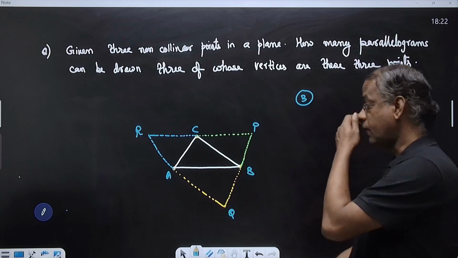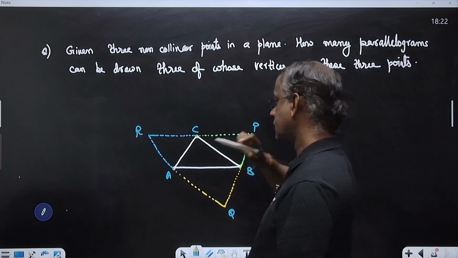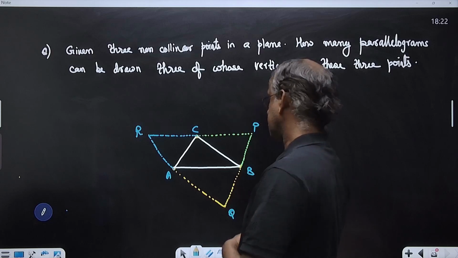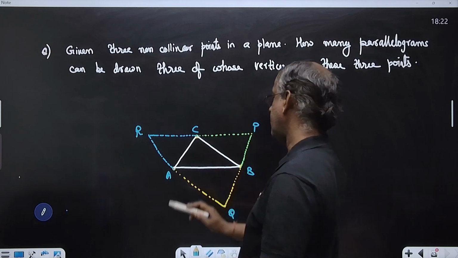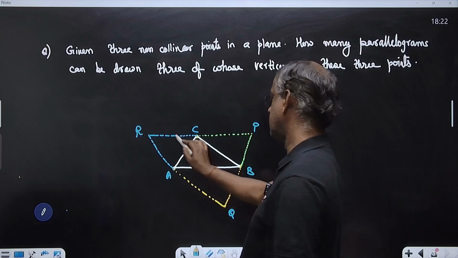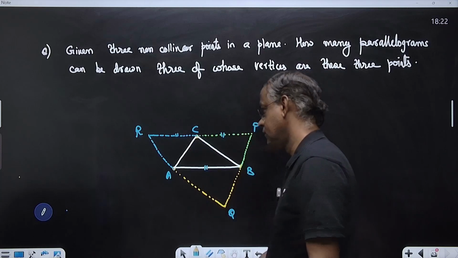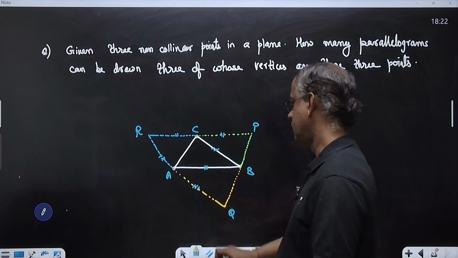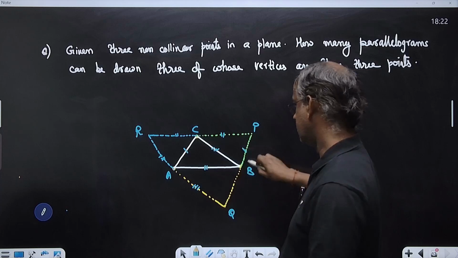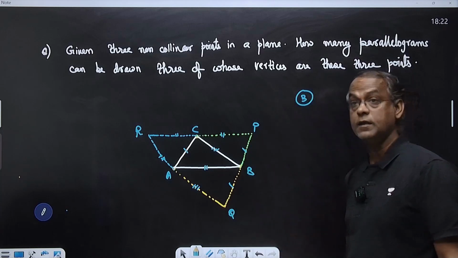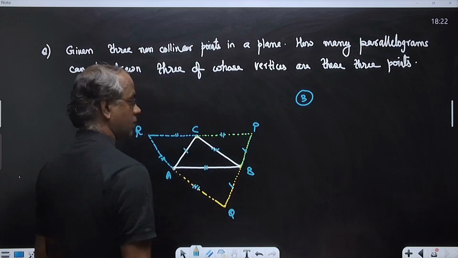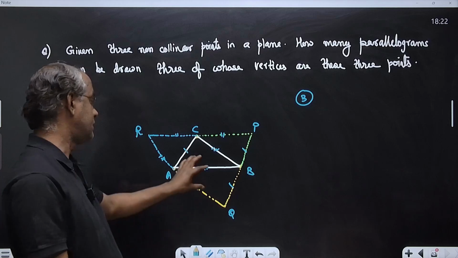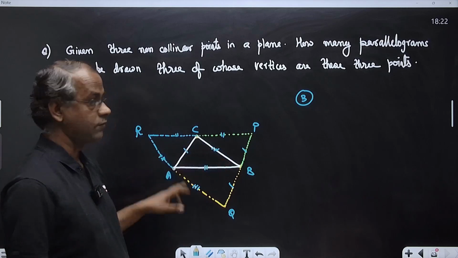If you look at it very carefully, A, B, C are nothing but midpoints of P, Q, R. Midpoints of PQR. And these sides are nothing but half of the sides of this triangle.